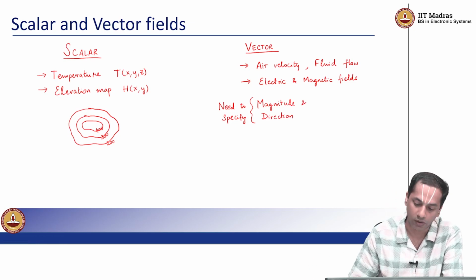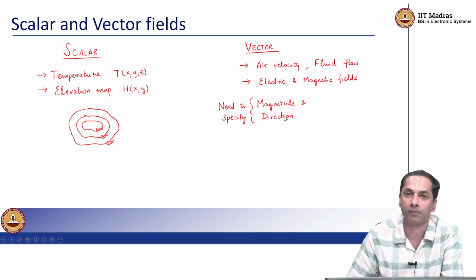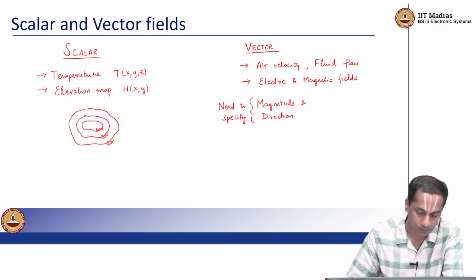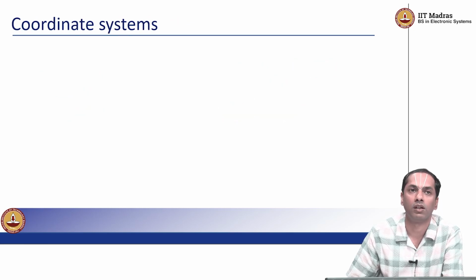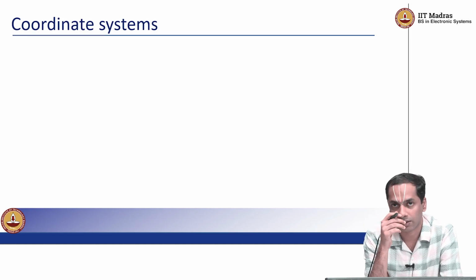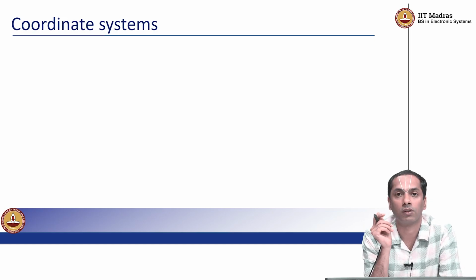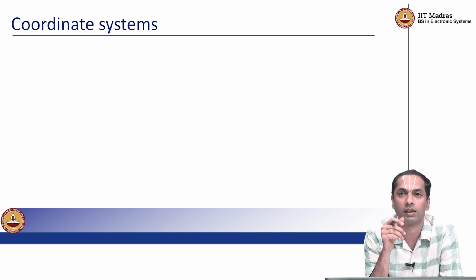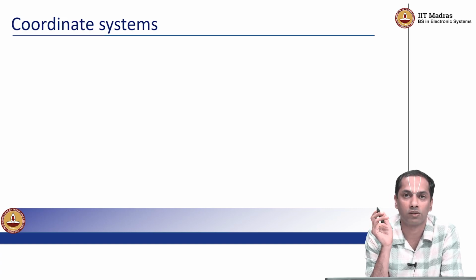Now, in order to represent the magnitude and direction, we would again require 3 variables, okay. So now we have to come up with certain basic rules so that we can all agree upon these common rules and we can represent the electric and magnetic fields using these common rules, right.